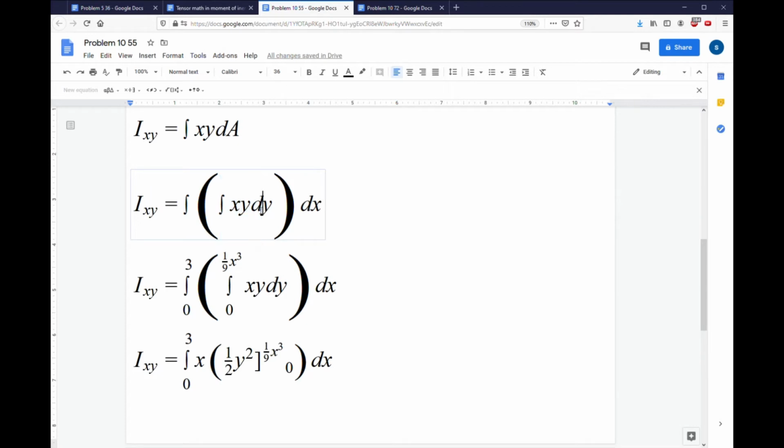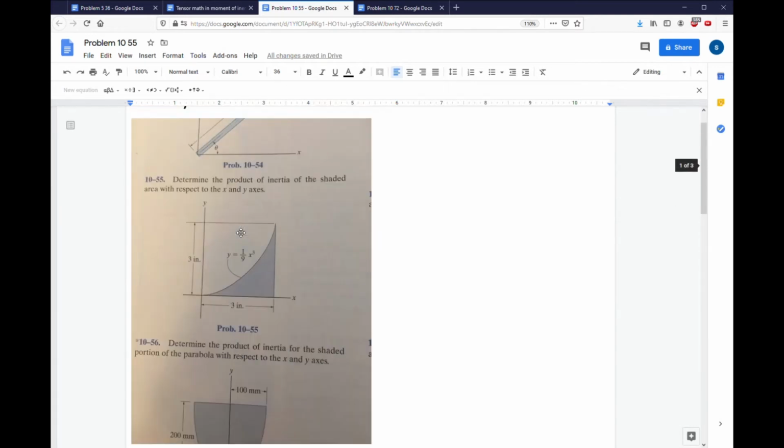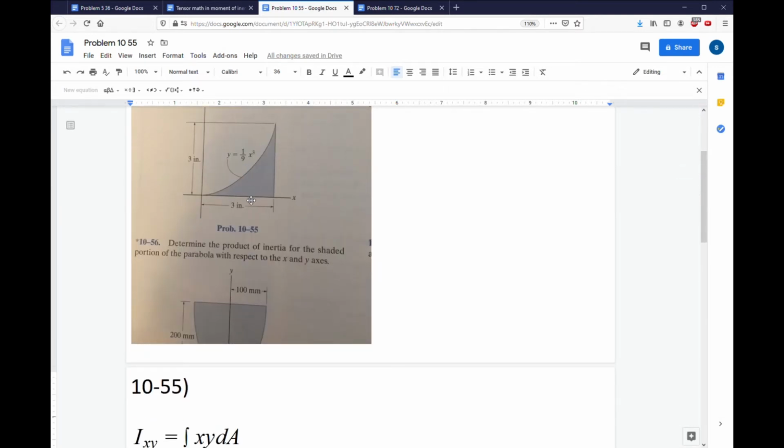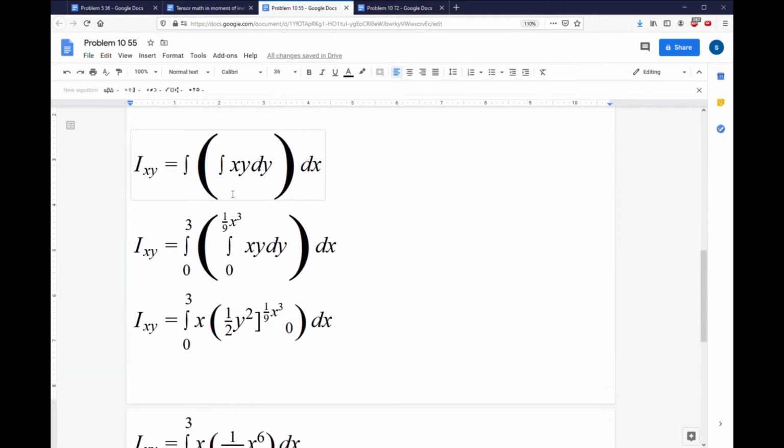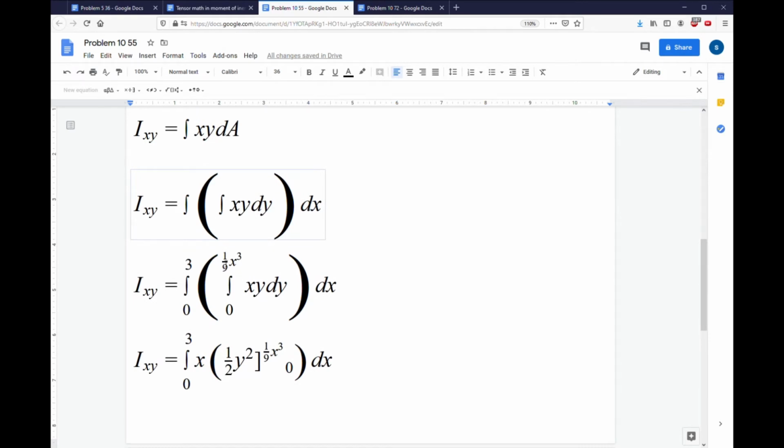So the inner integral, the integral of just this strip, I am integrating from this bottom point, y equals 0, up to the top point, which is given by y equals 1/9 x cubed. So the bounds of integration of the inner integral are from 0 to 1/9 x cubed.